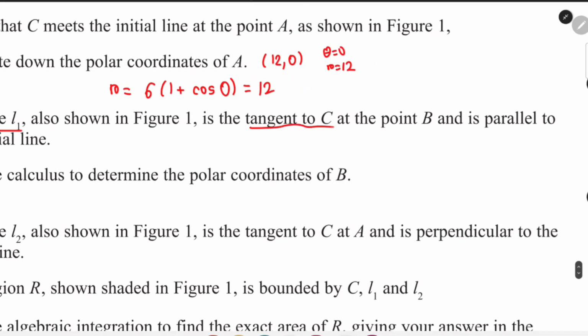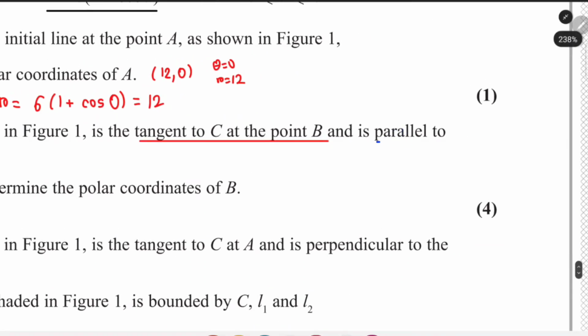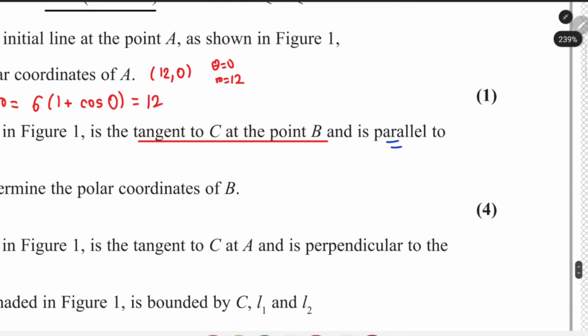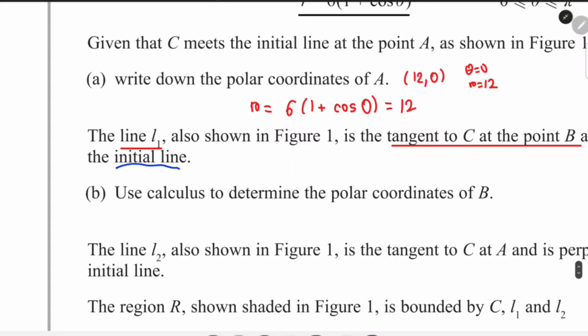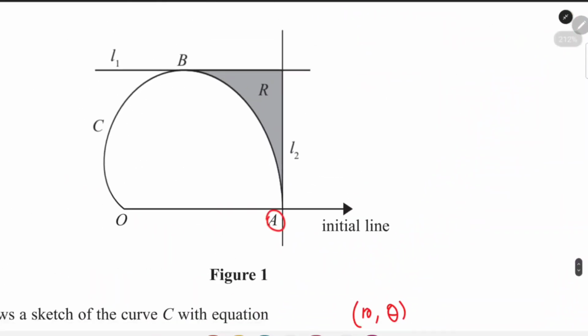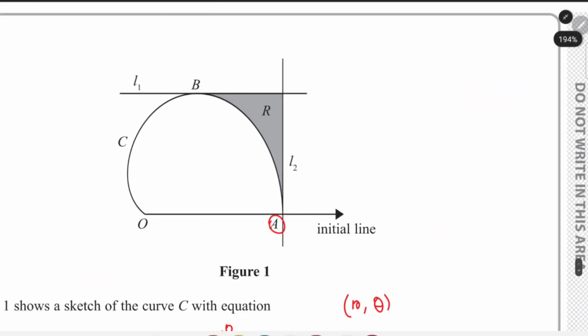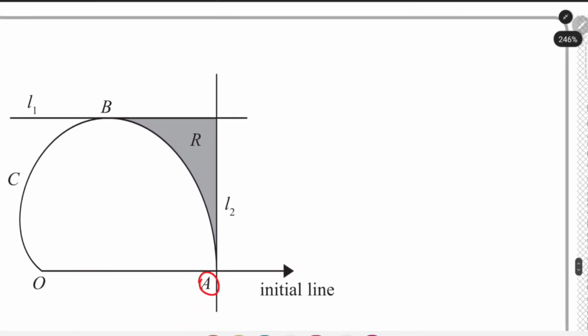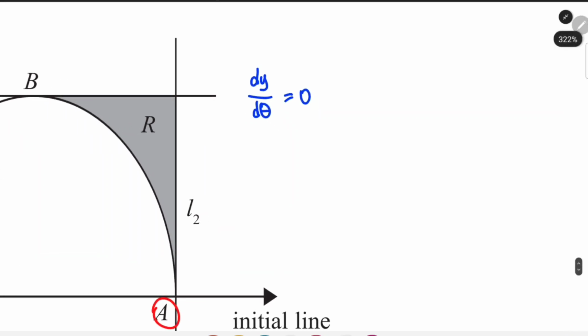Now in the second question, we are given line L1, which is the tangent to the curve at point B, and it is parallel to the initial line. So this is the initial line, and L1, which is tangent to B, is parallel to it. Now if you look here, there is no change in the y value, so dy by d theta would be equal to 0.